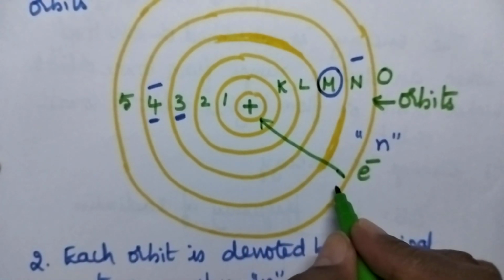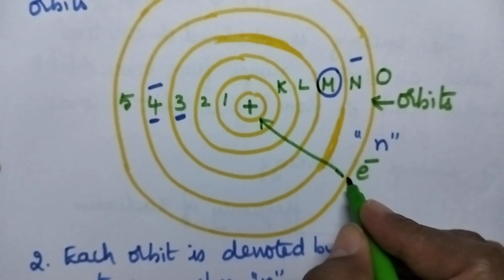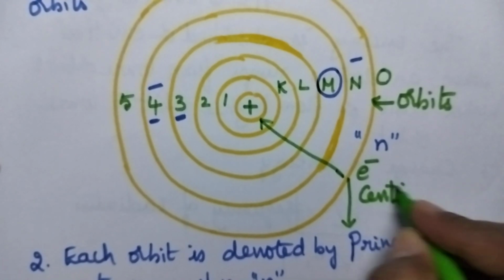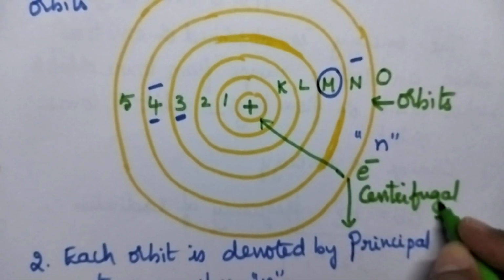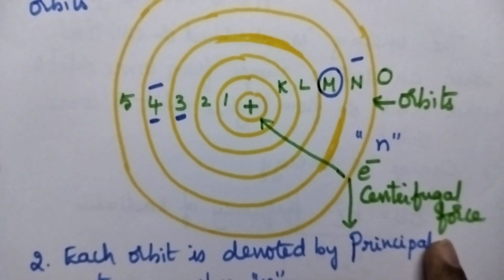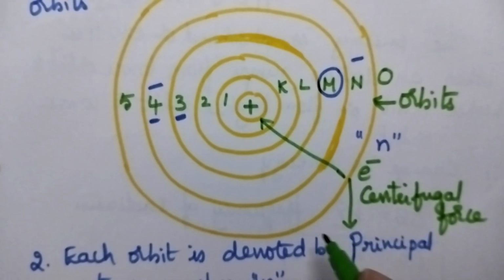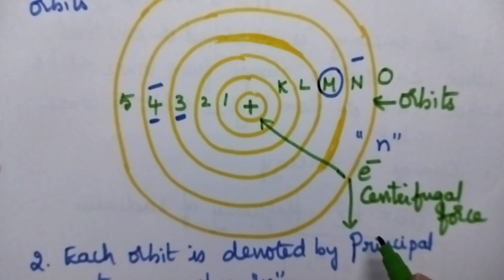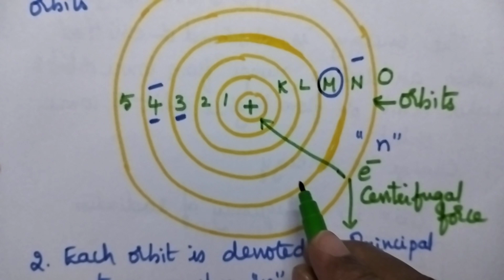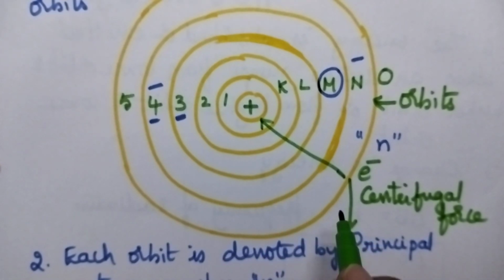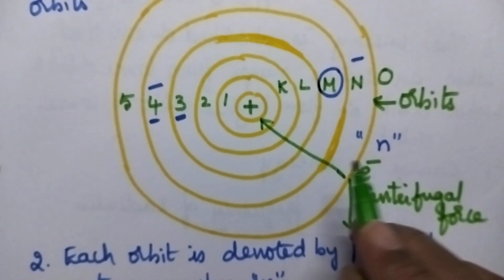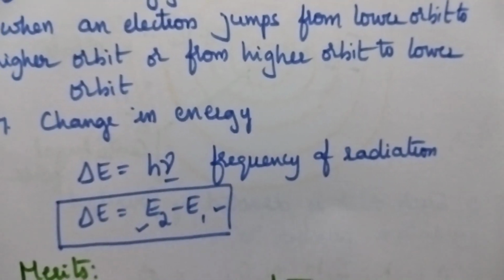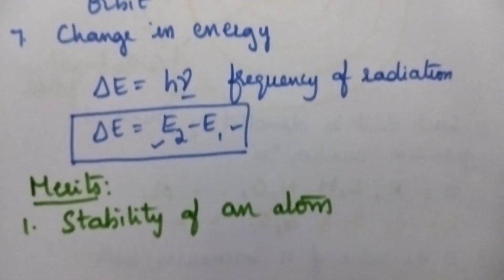This attractive force is exactly balanced by the centrifugal force. Centrifugal force is the force by which the circulating negatively charged electron will try to move away from the atom. So these two forces are exactly balanced, and hence on the whole the atom is stable. In that way, Bohr's atomic theory accounts for the stability of an atom.